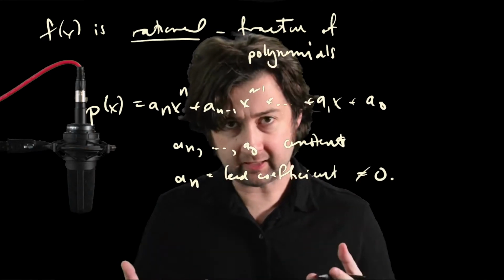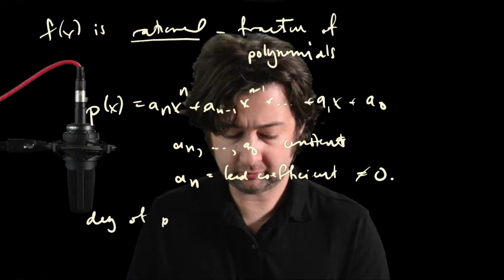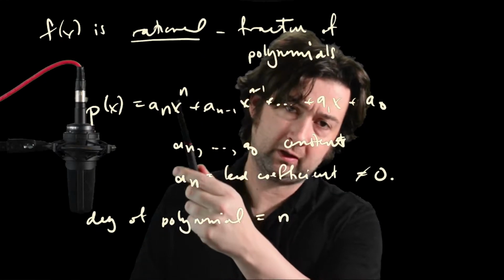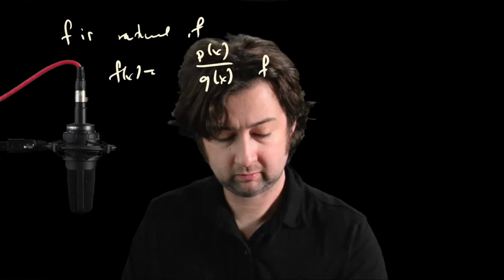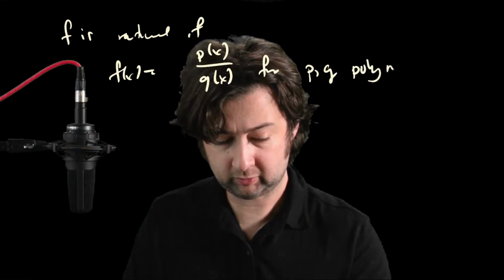So with that, we can say that the degree of a polynomial is equal to n. That is the power of the leading term. F is rational if f of x is equal to p of x over q of x for p and q polynomials.